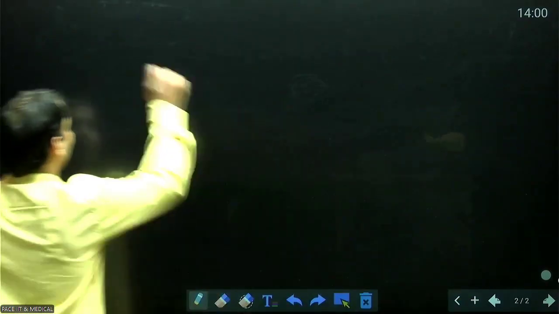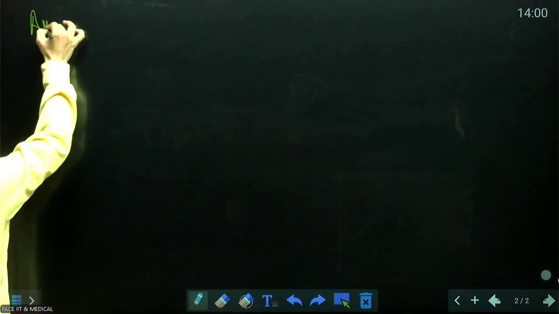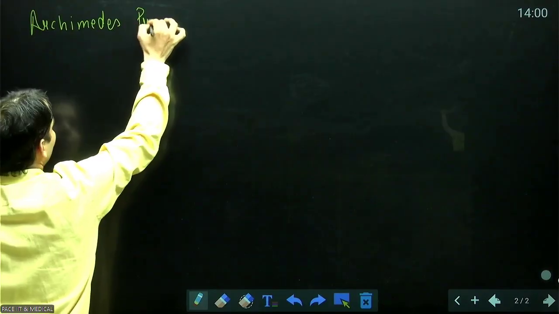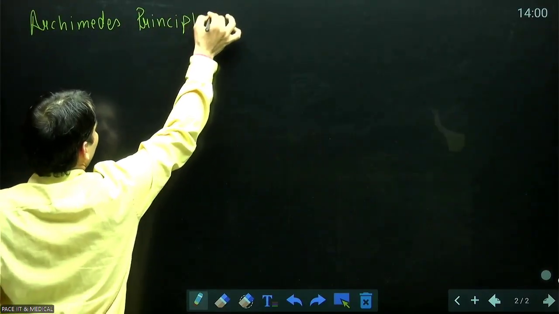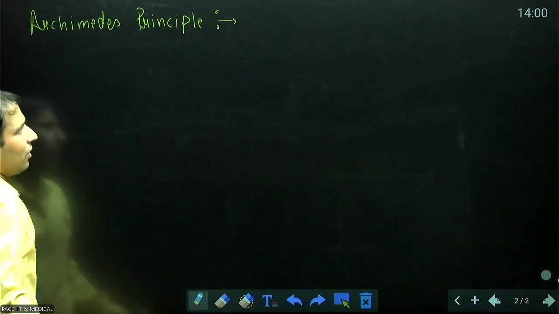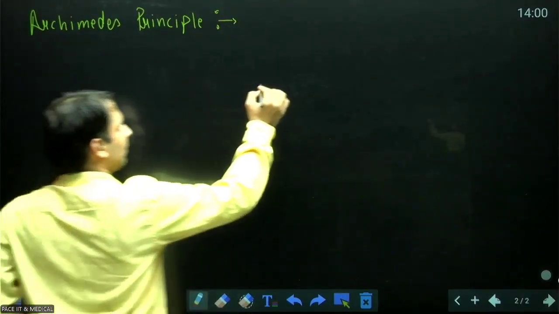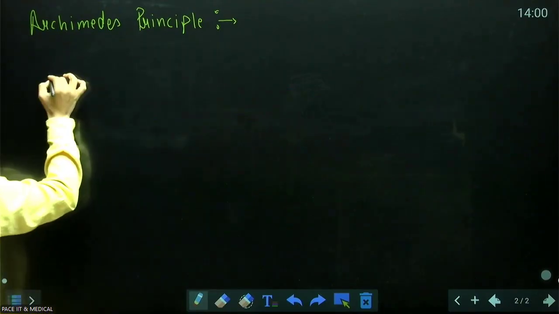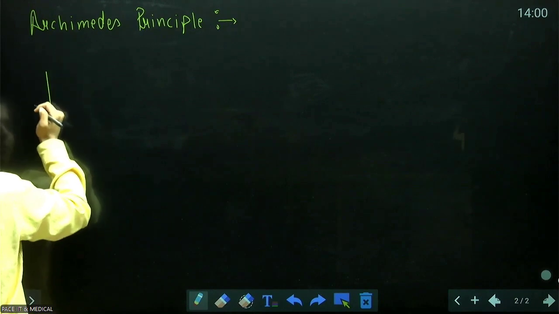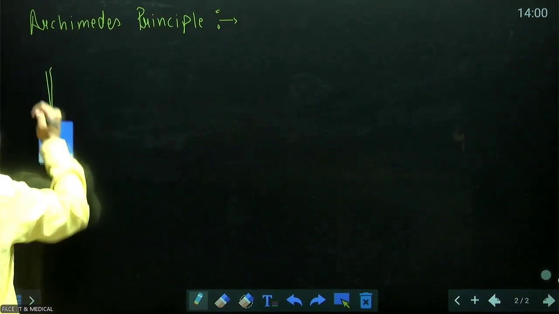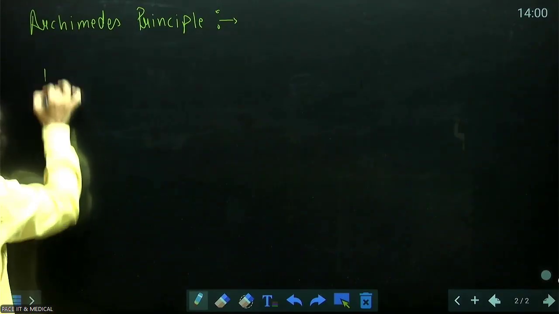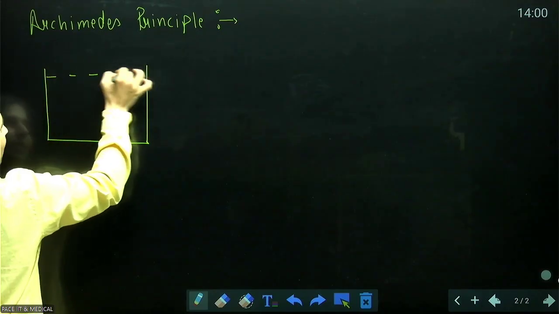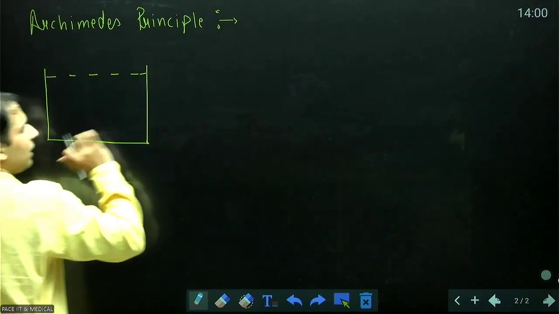So the buoyancy principle, or the Archimedes principle, basically says, let's say this is the initial depth of liquid, the initial height of liquid, right?